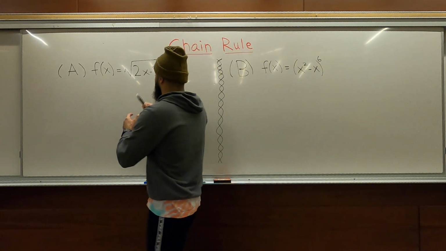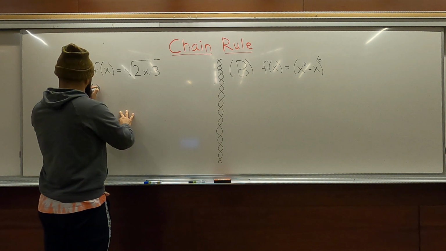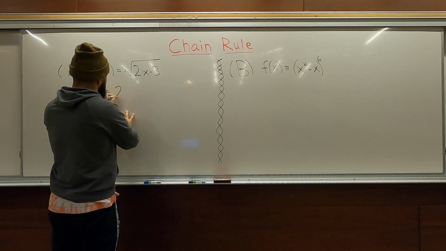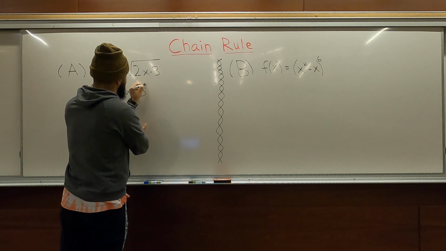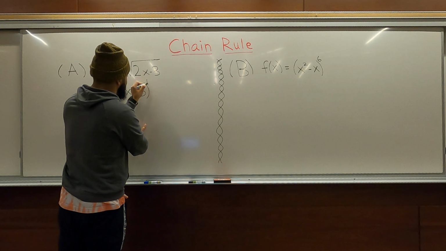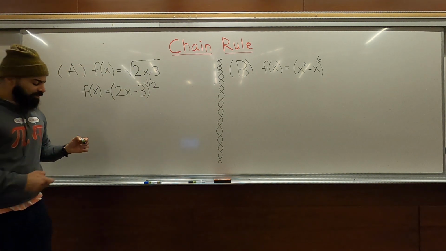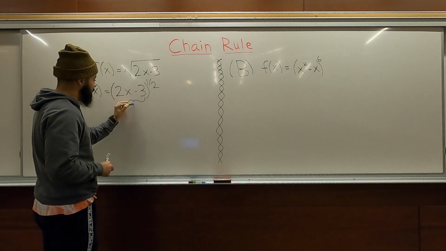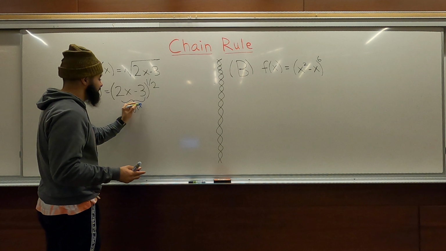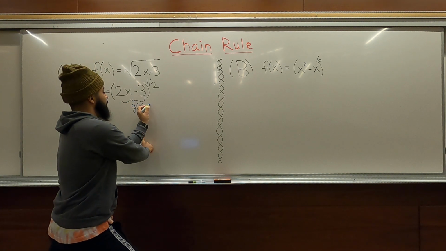So example A, f of x is equal to the square root of 2x minus 3. First thing I'm going to do is rewrite this. So it's going to be f of x is equal to 2x minus 3 to the 1/2 power. We're not doing any kind of calculus. All we're doing is rewriting. Okay, so here the inside function we're going to call g of x, some other function. And g of x is equal to this, 2x minus 3.